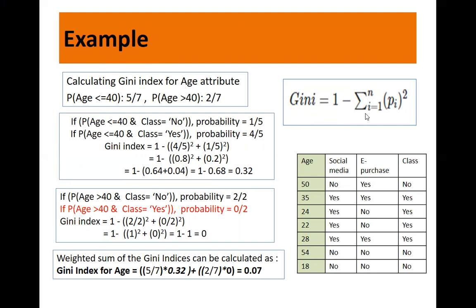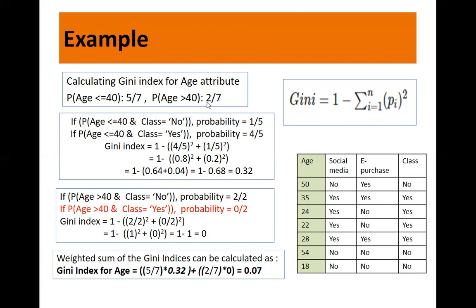Now just substitute the values here. So Gini index is equal to 1 minus 4/5 square, that is Pi square, plus, because it is summation i equals 1 to n, plus 1/5 square. So 0.8, 0.2, calculate the square, right? So it is 1 minus 0.64 plus 0.04, which is nothing but 0.32. So Gini index here is 0.32.